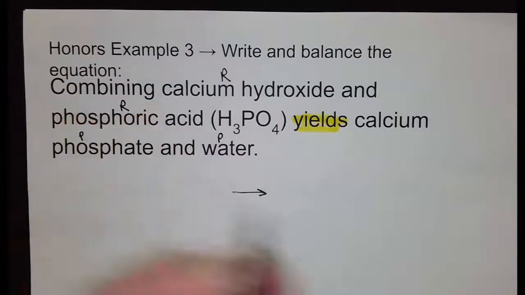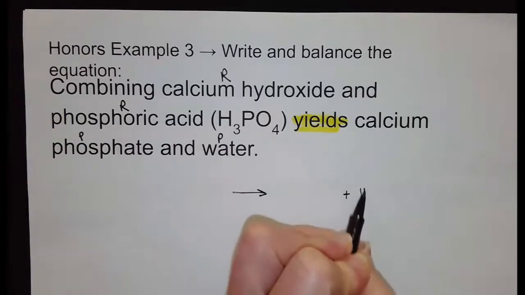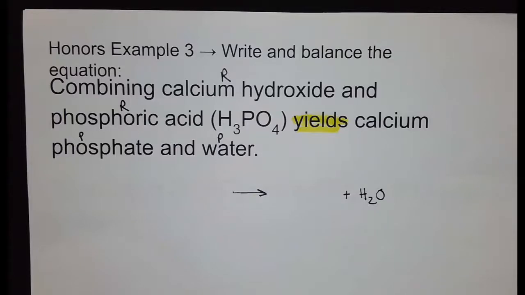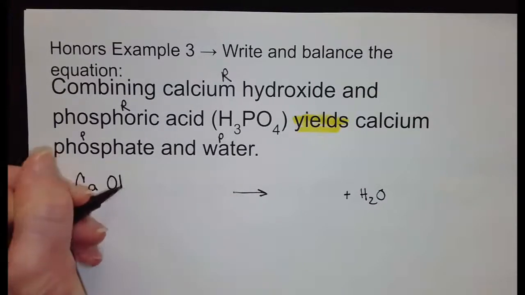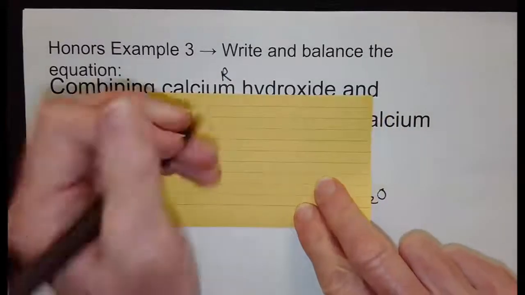Well, let's just do the easy part first. Water. Combining calcium hydroxide, that is Ca and OH, a metal plus a polyatomic ion. With the hydroxide this time we do need parentheses around the hydroxide. It would be Ca(OH)2.